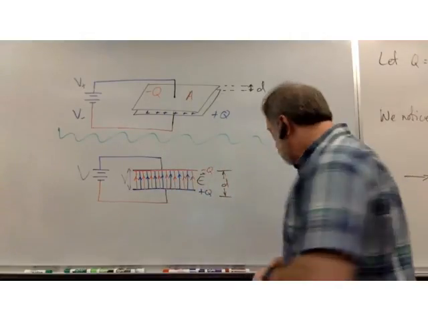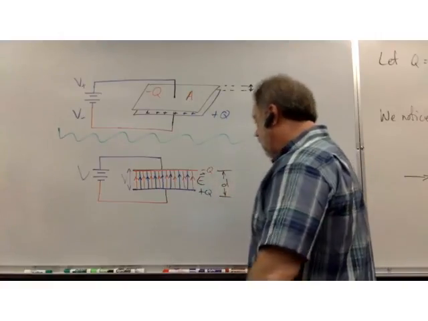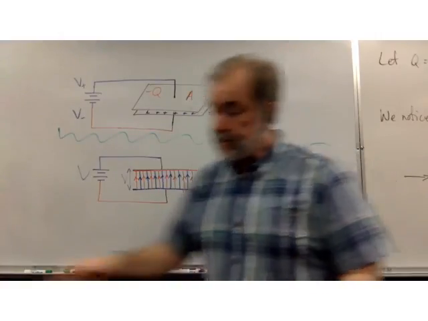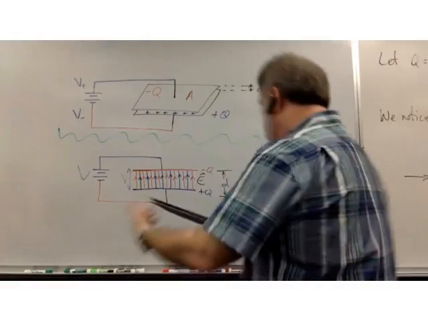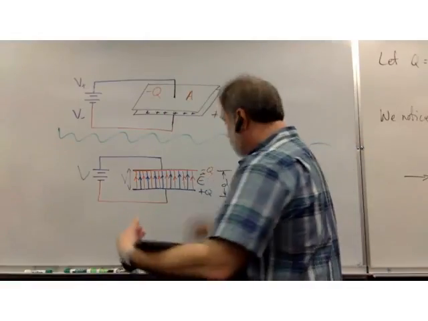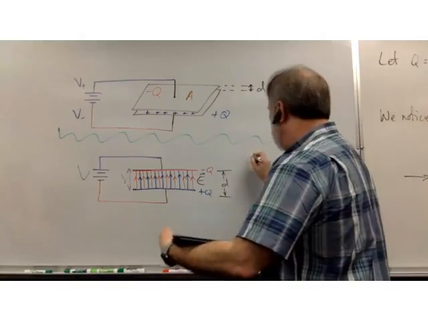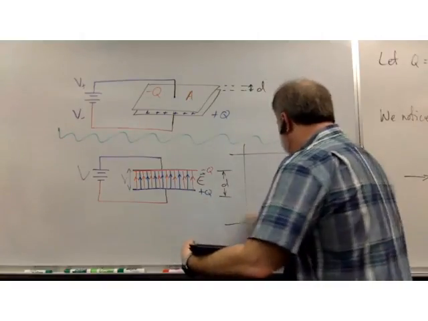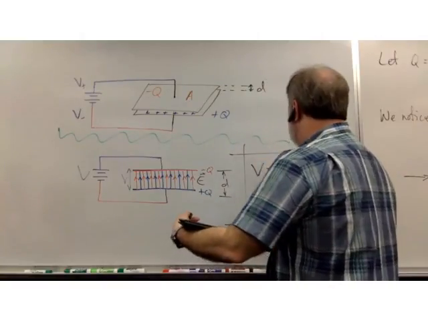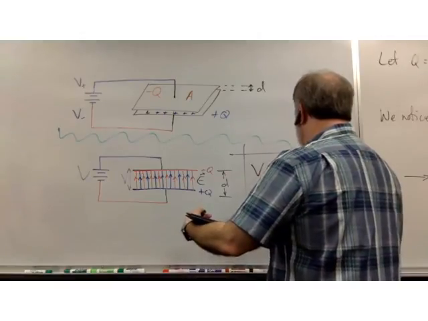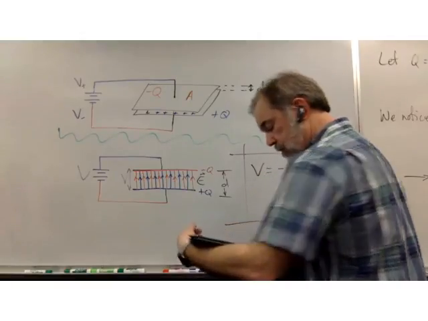There's a change of potential energy for each charge that gets moved, and the result is that the electric field, the electric potential, and the distance between the two plates are related to each other by V is equal to the negative of E times D.